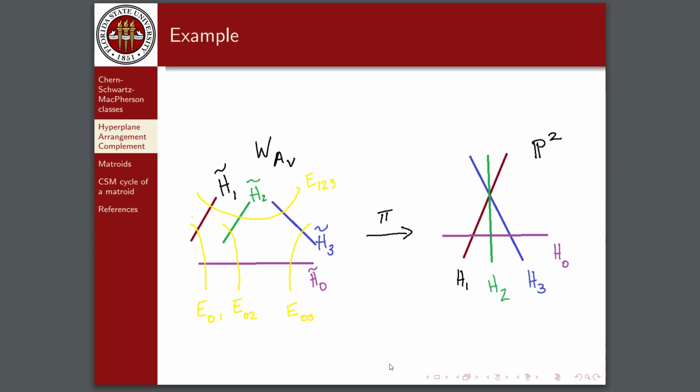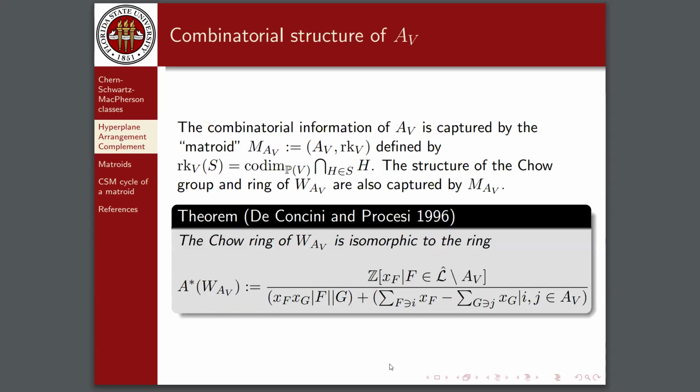And there are many ways of writing the pullback of a generic hyperplane, and those should all be the same. The thing that De Concini and Procesi noticed was that this can be encoded in just the combinatorics. So when I say the combinatorics, I mean the matroid associated to this hyperplane arrangement.